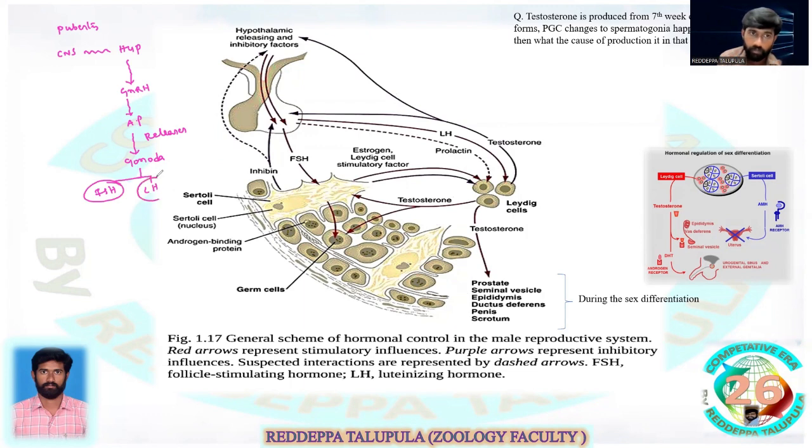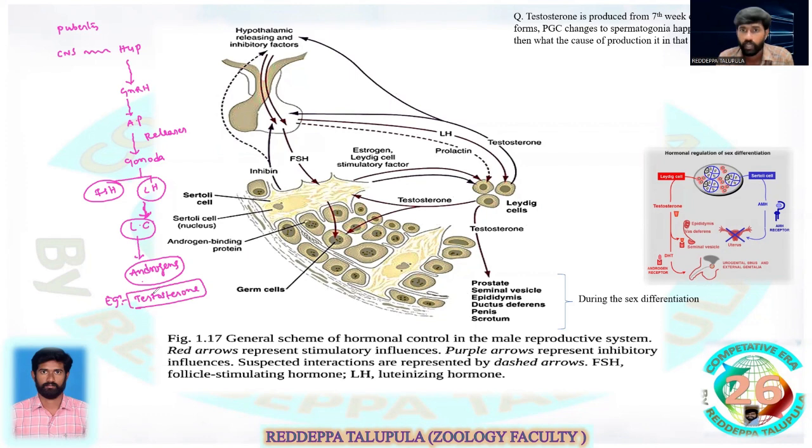We are supposed to talk about LH. Now LH reaches the Leydig cells present in the intertubular space of testicular lobules. These Leydig cells show effects and cause the release of androgens. Now, the chief androgen is testosterone.